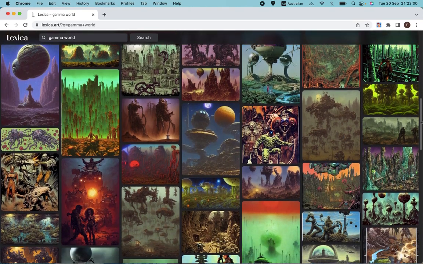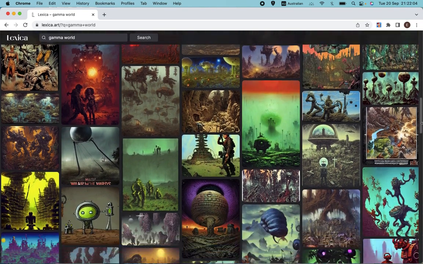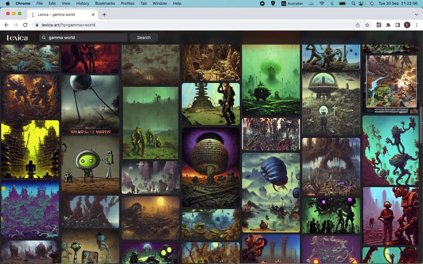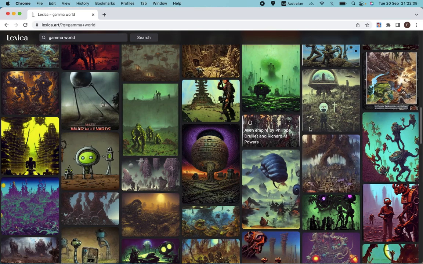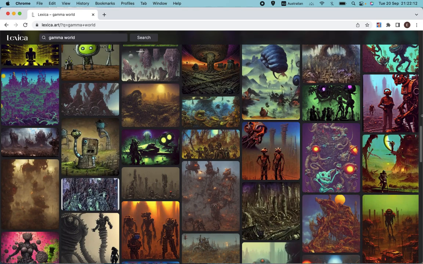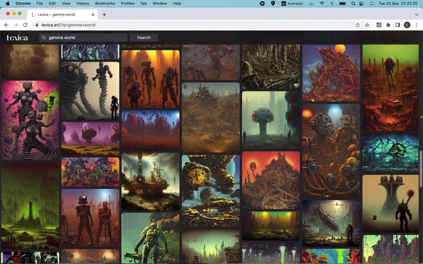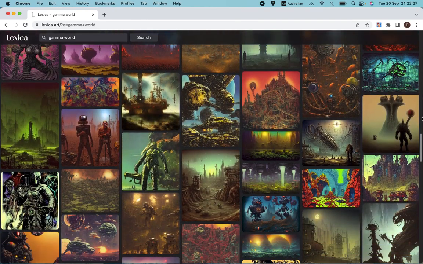And it was set after a nuclear war, but it was an interesting combination of things. It was sort of based on the fear of nuclear war that was prevalent at the time in the 1980s, but it tended towards the fantastical. It wasn't really a realistic depiction of what it would be like to live after a nuclear war.